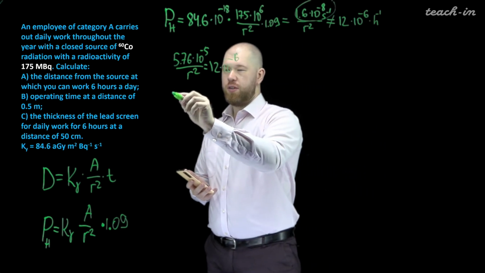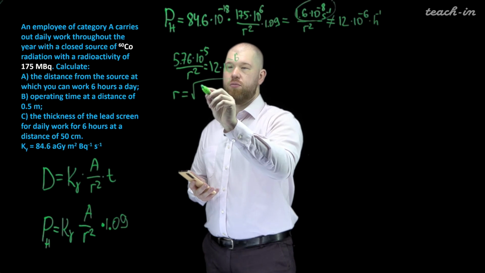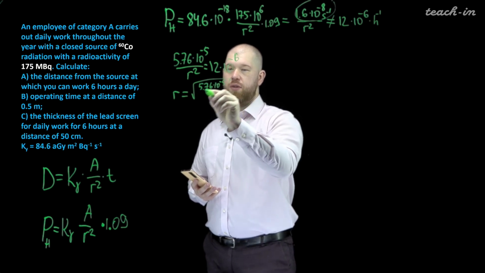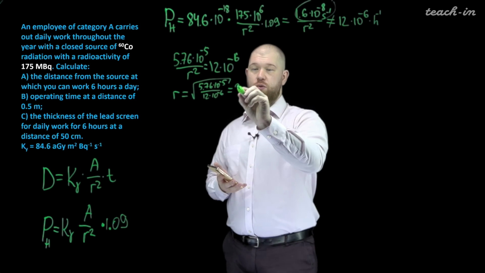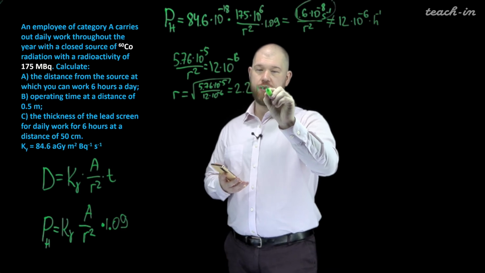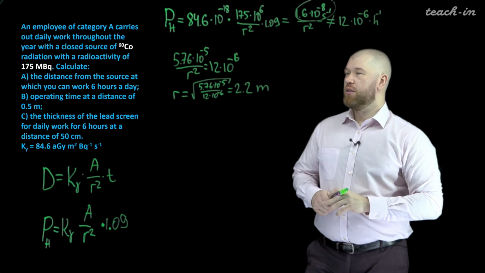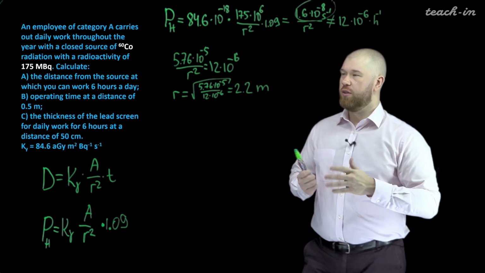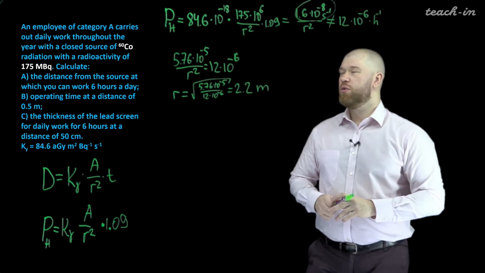And from this we can calculate distance as a square root, it will be 2.2 meters. So the safe distance to operate with this source for 6 hours a day for a whole year is 2.2 meters.